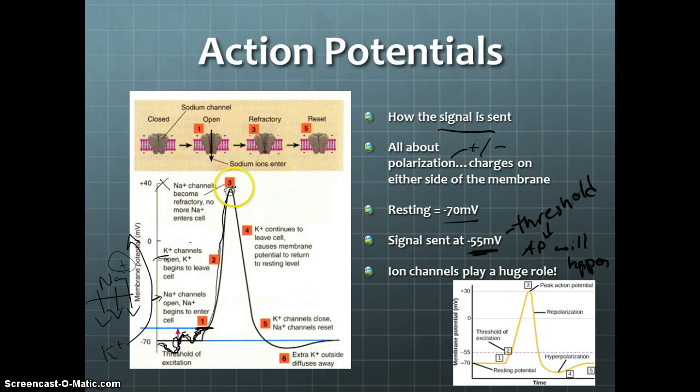That's going to have the effect of making the cell become more negative, because the positive charge is leaving. The sodium can't come in anymore because those channels closed down, so now the membrane potential drops. It's becoming more and more negative because the positives are leaving the cell, which is getting us to return to our resting level.